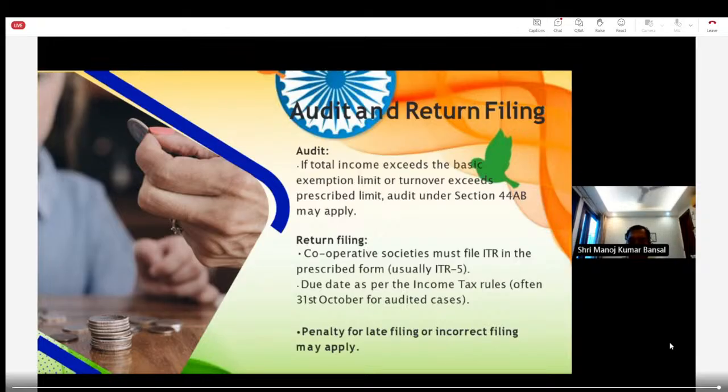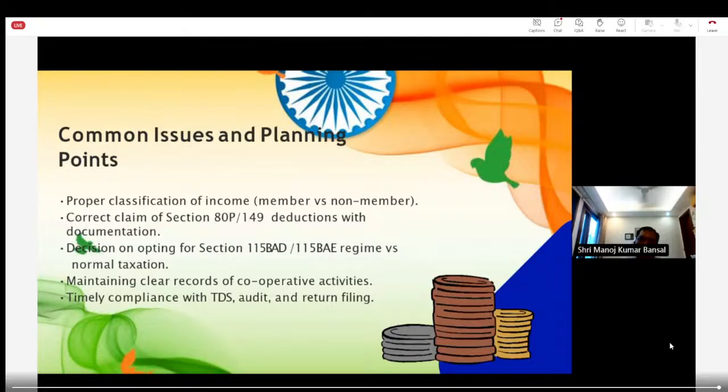There is a penalty for late filing or incorrect filing, and interest under section 234 A, B and C will also apply if tax is not deposited within the time frame. Means advance tax is not deposited. If a society comes under the tax purview and advance tax is leviable, then these sections will also attract, and interest at the rate of 1% is levied.